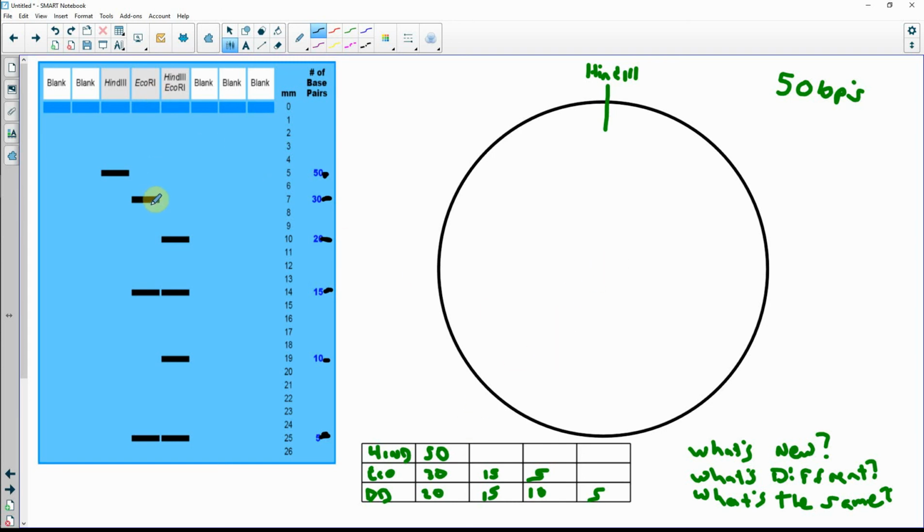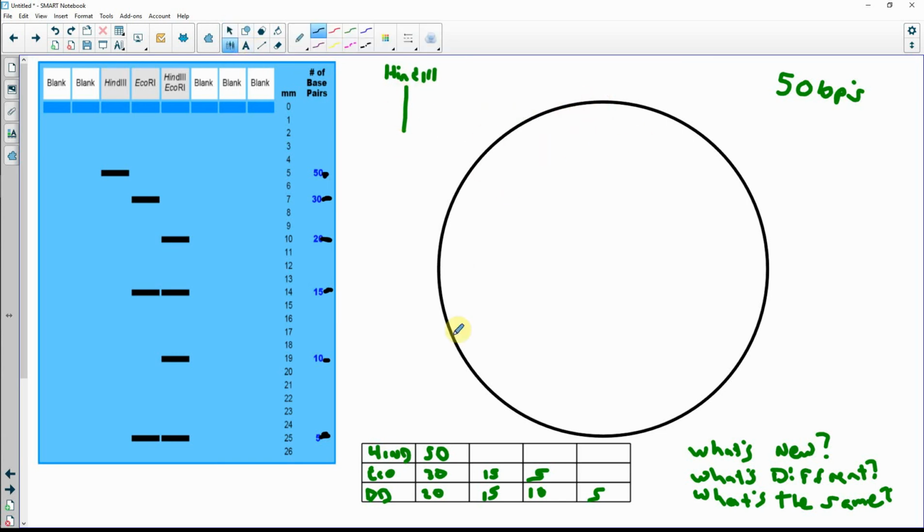EcoRI, which is another enzyme, cut this piece of DNA into 1, 2, 3 pieces. So now I know that EcoRI cuts a circle into 3 fragments. I'm going to move my HindIII because, well, you'll see.